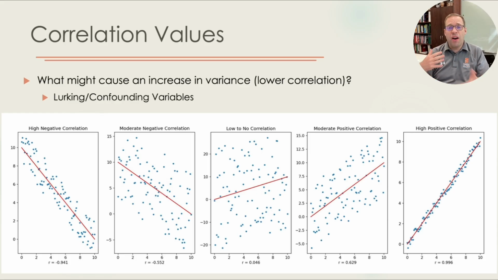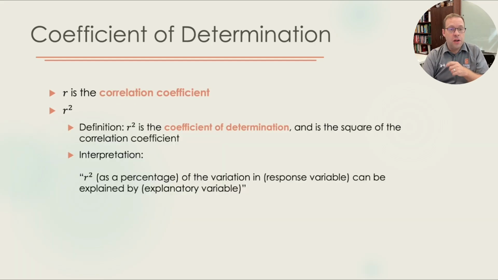So how do we judge how much of our data has been affected by the explanatory variable? Well, we learned about the correlation coefficient. That's the value R. R squared, just taking R and literally squaring it, is known as the coefficient of determination.